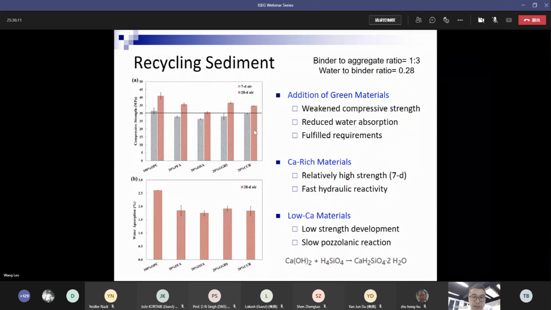Among these four materials, we find that calcium-rich materials like GGBS and CCR can provide a relatively high strength at 7 days because the hydraulic reaction is relatively fast. By comparison, the low calcium material with high silica content shows low strength development because the pozzolanic reaction is relatively slow.